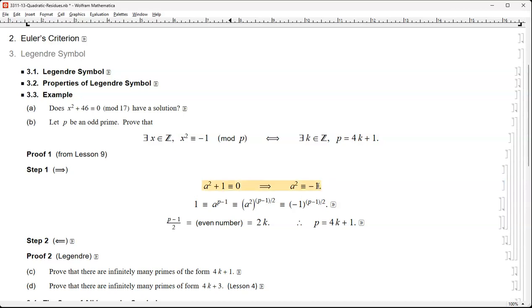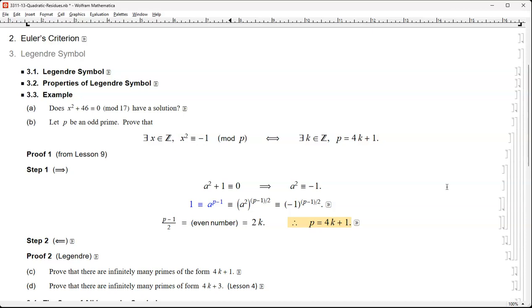a squared is congruent to negative 1 and apply Fermat's theorem. a to the p minus 1 power is 1, and then a squared to the p minus 1 over 2 power. So negative 1 to the p minus 1 over 2 power is positive 1. So this p minus 1 over 2 power has to be an even power so that you get positive 1. Now flip this denominator to the other side, you get p is 4k plus 1.